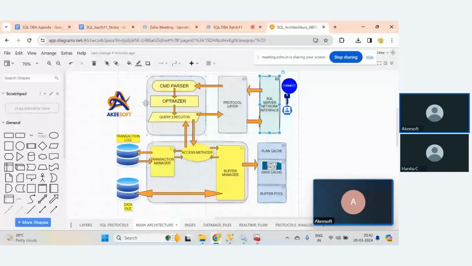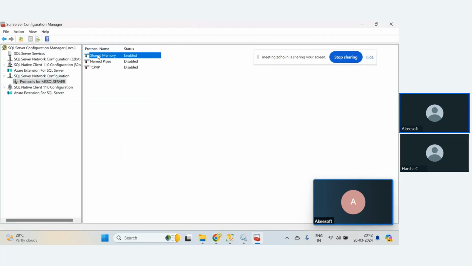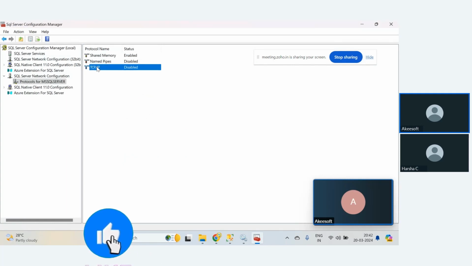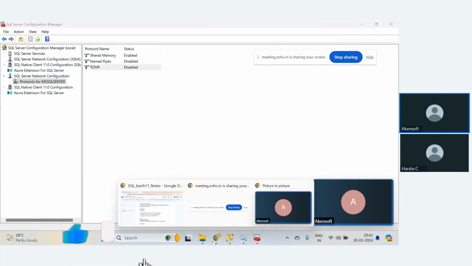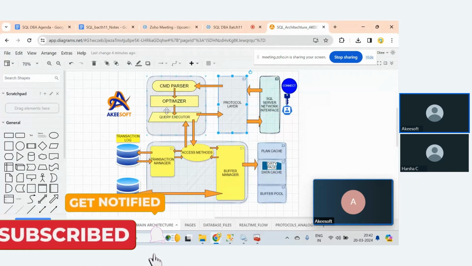I'll add this as an interview question: types of protocols in SQL Server. The types of protocols in SQL Server are shared memory, named pipes, and TCP/IP. These are the three protocols which allow access to the next level.